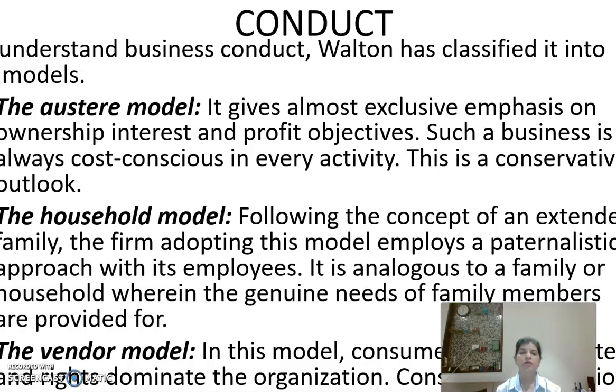The first here is the austere model. According to this model, it gives almost exclusive emphasis on ownership interest and profit objectives. Such a business is always cost conscious in every activity, and there is a conservative outlook. So you're showing austerity in each and every decision that you are making.